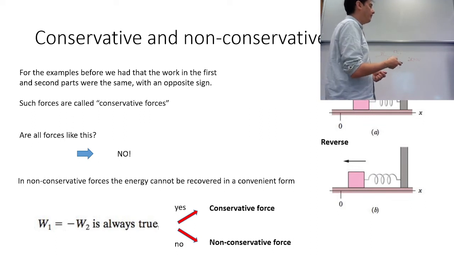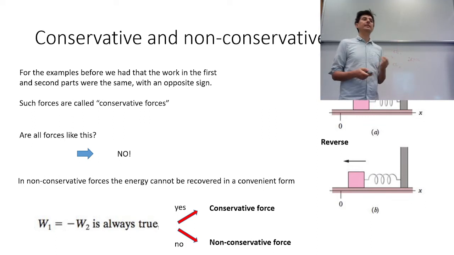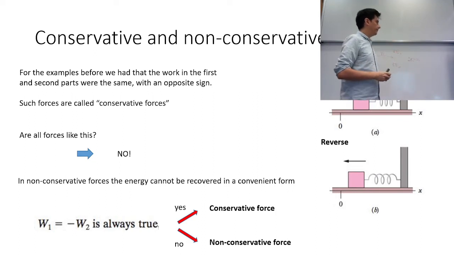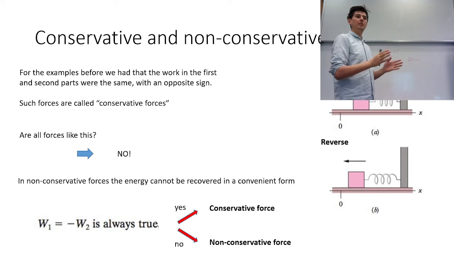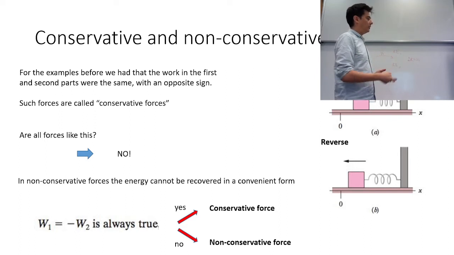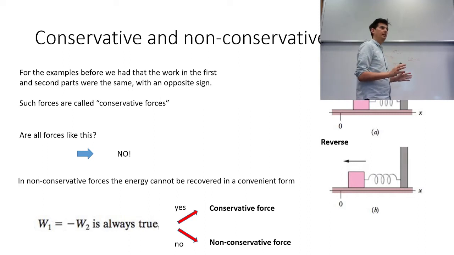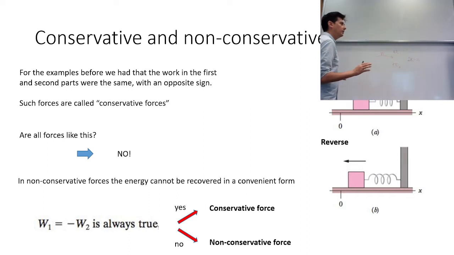The immediate test that you can do to check whether a force is conservative or not is to do exactly what I was saying: start and end in the same configuration. That usually means position, right? Notice here the velocity could actually be moving in opposite directions, but in the case of potential energy, the velocity doesn't usually matter.